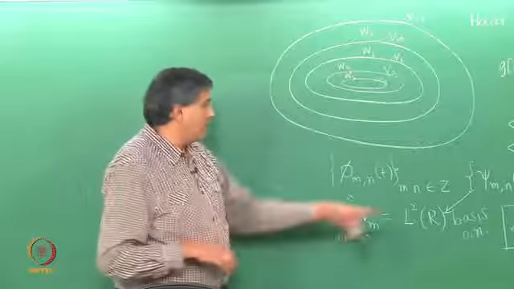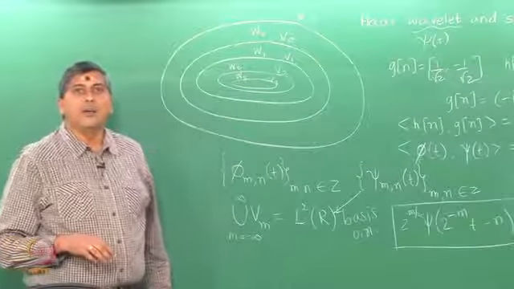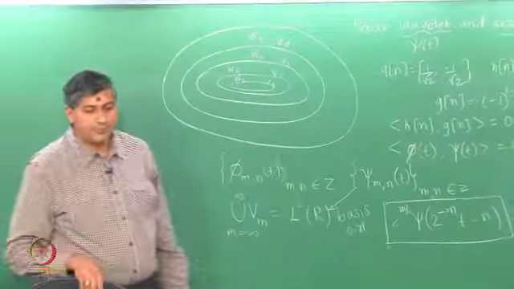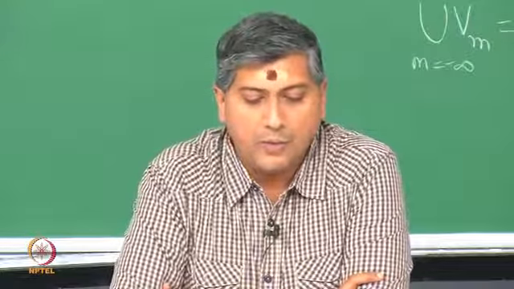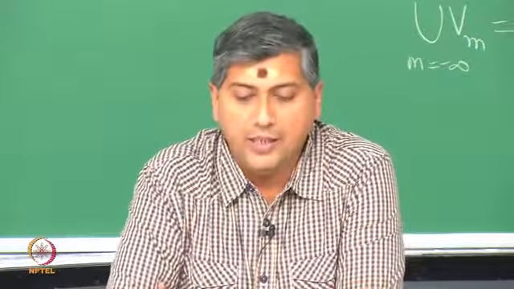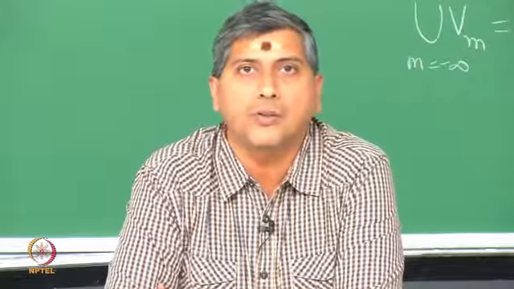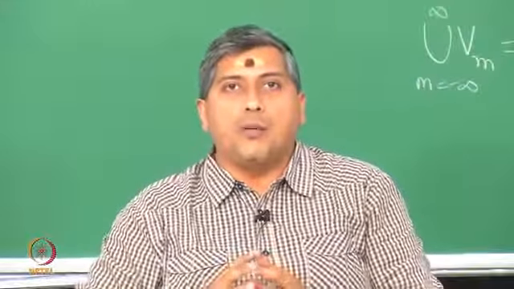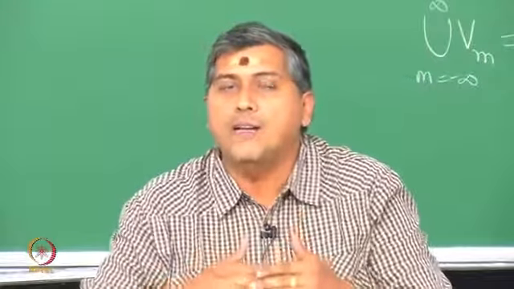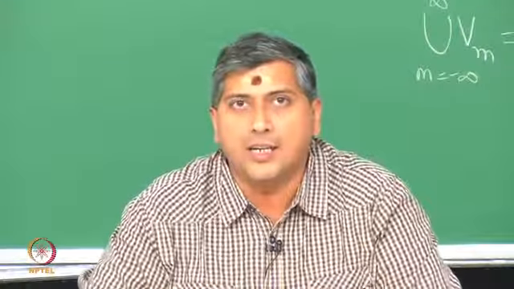But as far as basis is concerned, wavelets are the basis functions for L2R. Of course, as we mentioned earlier, when I have orthogonal wavelets, I have the luxury of computational efficiency and compact representations of signals. Compact meaning with as few coefficients as possible. Remember, coefficients are the inner products between the signals and the basis functions.